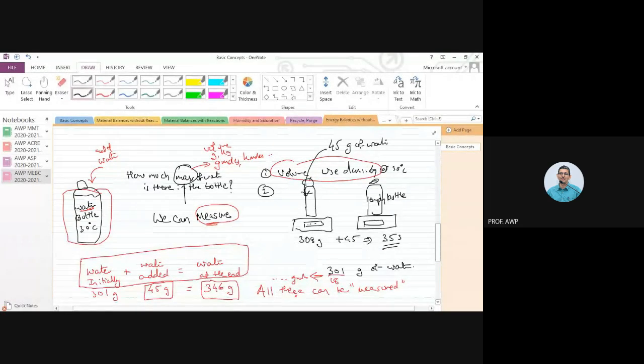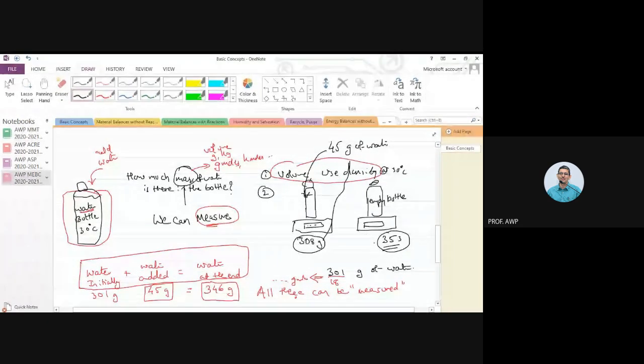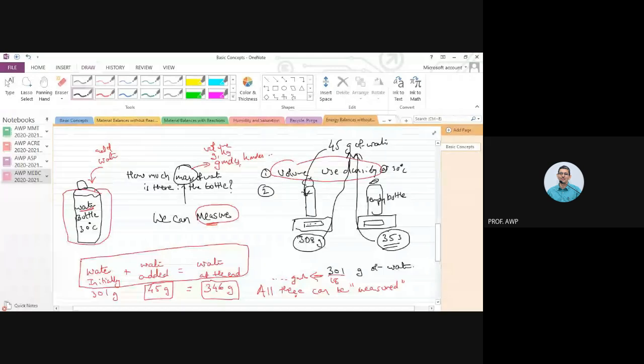I have measured the change. It has changed from 308 to 353. Therefore, I am inferring that I must have added 45 grams of water. 353 minus 308.